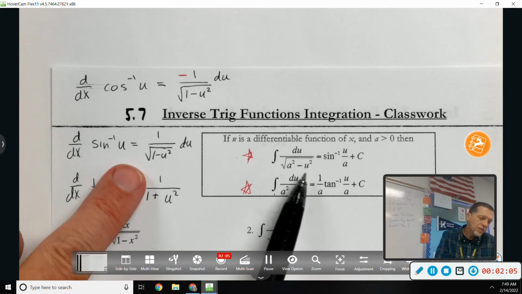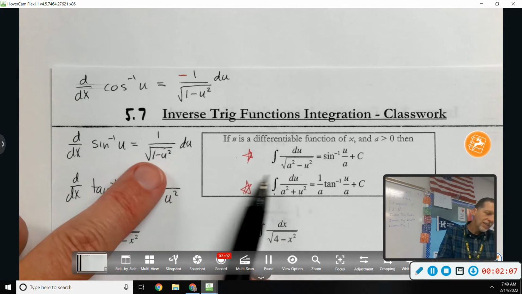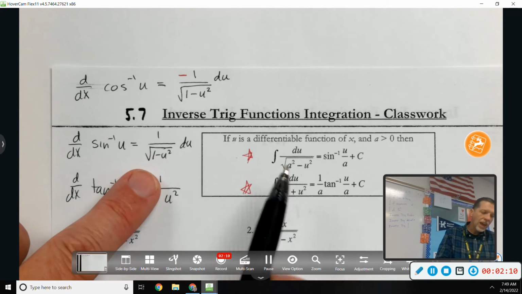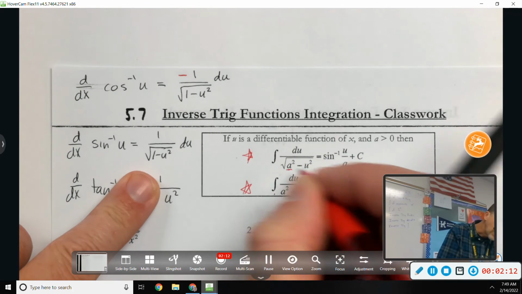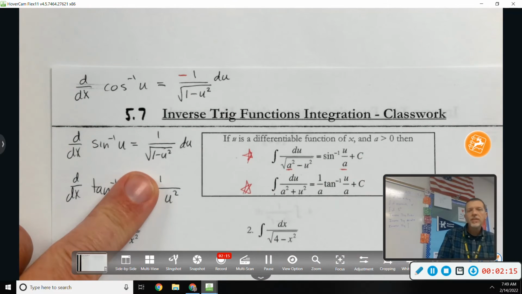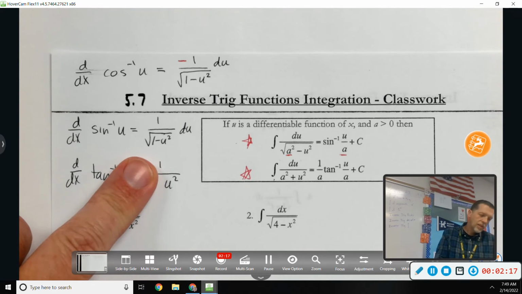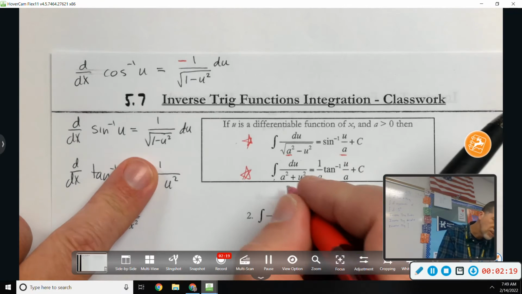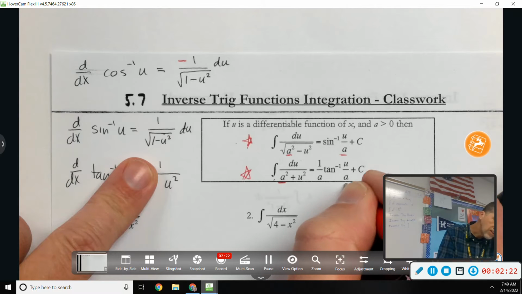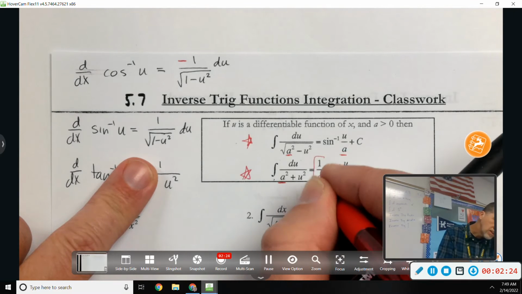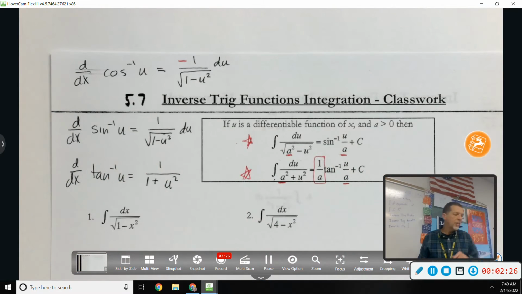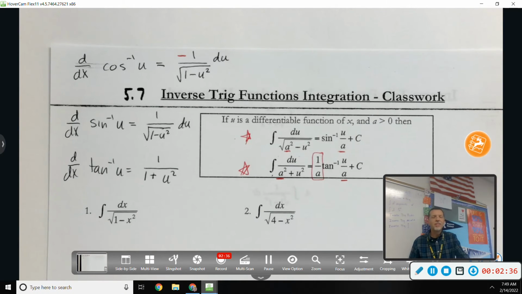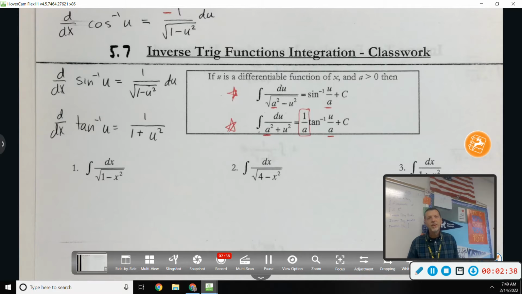So you have to learn how to see that this used to be a 1, but now it's an a, and that shows up as an a over here in the denominator. Same thing with tangent. There's an a squared, there's an a in the bottom. Tangent, though, has a 1 over a out front. You've got to know those. Whatever it takes to know those. That's the main new stuff for this unit, really.